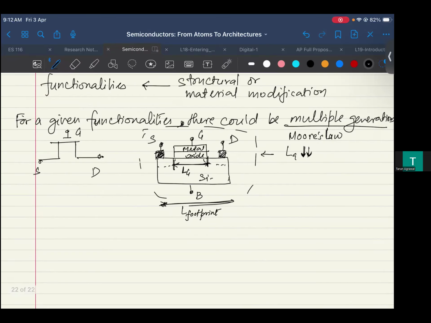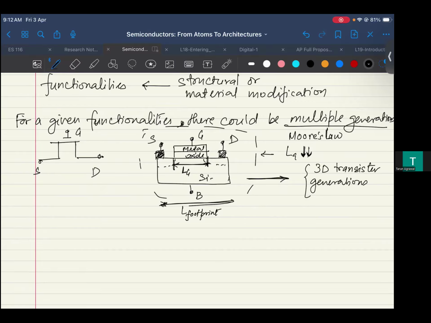One is that you keep reducing the LG, but at a certain point, is that enough, is the question. And that is where this transistor has to be rethought, and you may see new generations, which we call 3D transistor generations, right?